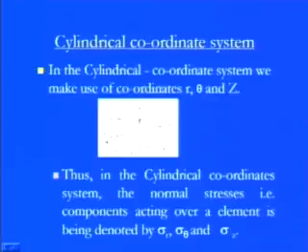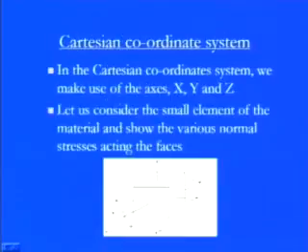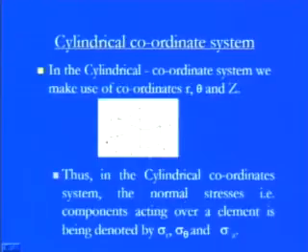So if you go to the previous slide, we have sigma x, sigma y and sigma z. Here the directions are in the Cartesian way, or if you go to this slide, then you will find that we have r, theta, z, where sigma r is in this direction. So we have to be very careful while choosing which coordinate system we are using.